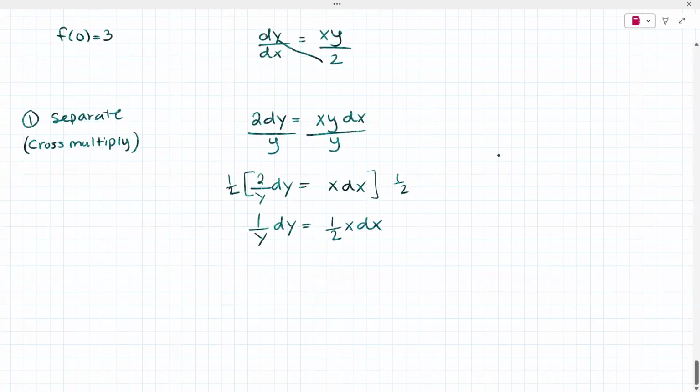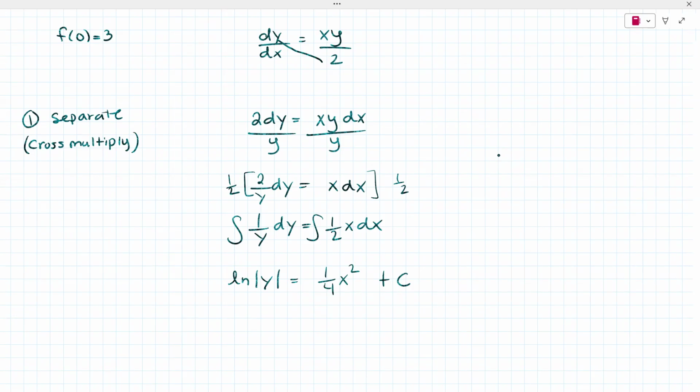And then go ahead and integrate. So the integration of 1 over y dy is ln of absolute value y equals, what's the integration of 1/2 x? That is 1/4 x squared. And then don't forget the plus c.